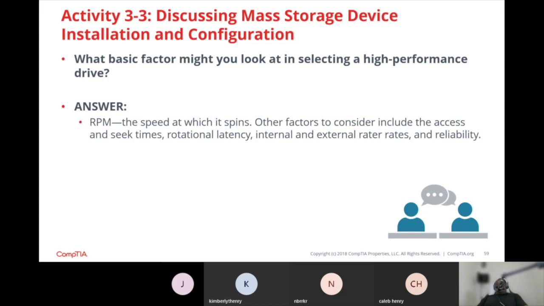Other factors to include are the access or seek times, rotation latency, internal and external transfer rates, and reliability. We used to have the 7500 RPM drives and the 9200 RPM drives. It's just how fast that drive spins, because if it spins faster, you can get the data off of it quicker. So that's just for hard disk drives, correct? Yes, because SSDs don't move.